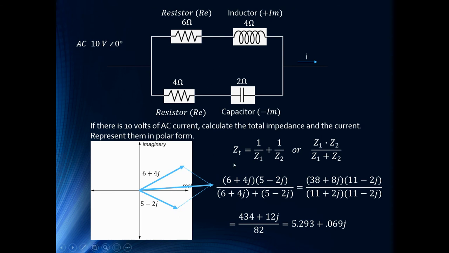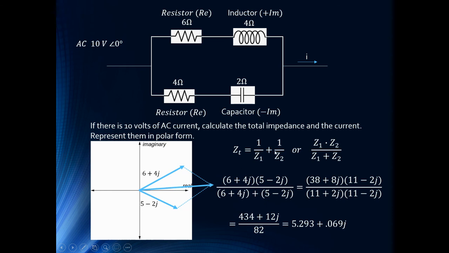So with a parallel circuit, you use a slightly different formula, and Z sub T, this is the total impedance, and this is the impedance in the first circuit. So I added together the 6 ohms plus the 4 ohms, and remember, it's positive imaginary number for an inductor and a real number for a resistor, so it's 6 plus 4J.